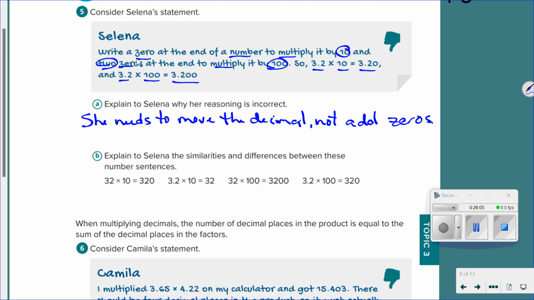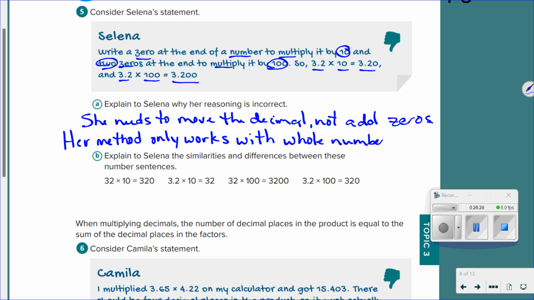If I have a decimal, I can't do that. Does everybody understand why that is? Because it basically comes down to really what I'm doing is moving the decimal. With whole numbers, that means I'm moving my place value into bigger place values. So I add zeros to change the place value.